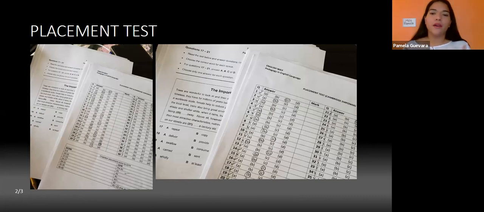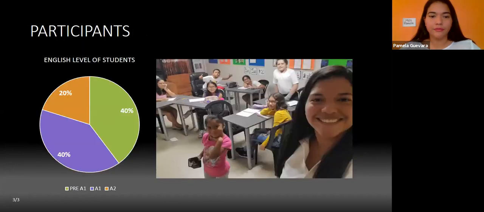So by identifying the level of my students, in this case, it was A1, I know what the standards are for A1 level. So based on that, I could prepare the activities for them. As you can see, they are A1, A2. These are the results.